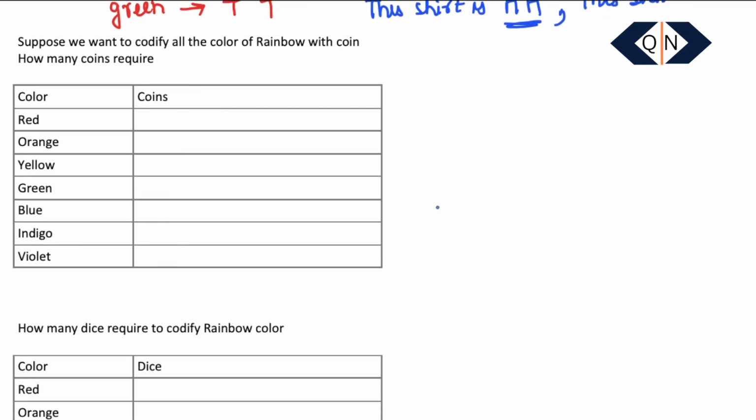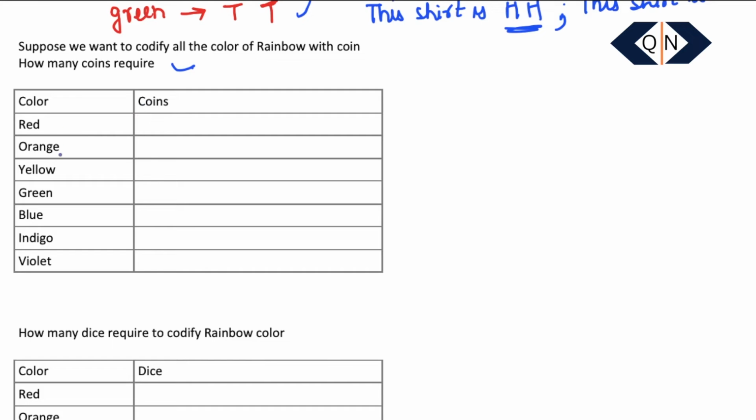Now moving on, suppose we want to codify all the colors of the rainbow with coins. How many coins are required? Now look at this table. Here are the colors red, orange, yellow, green, blue, indigo and violet.